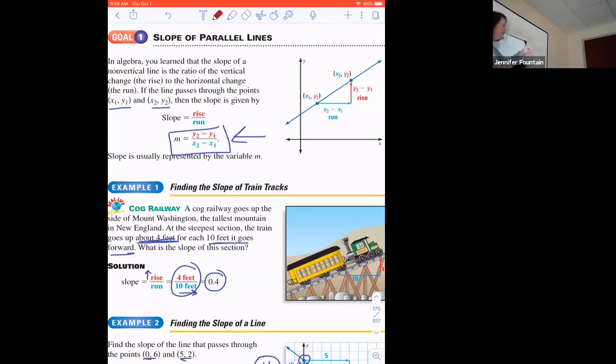What does matter is that I keep them in the same order in the problem and I have y's in the numerator, x's in the denominator. I couldn't say, hey, I'm going to take x2 minus x1 and then y1 minus y2. I can't flip-flop them like that. They have to remain consistent.